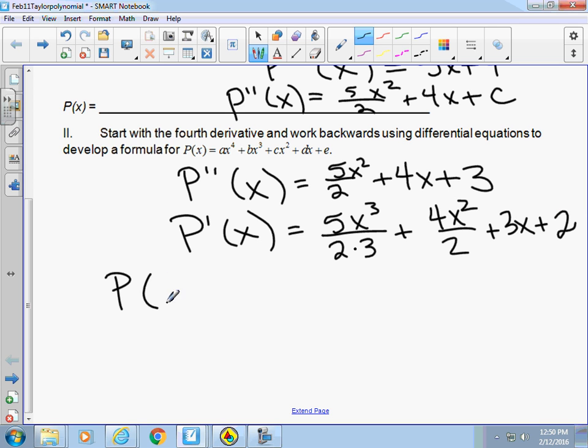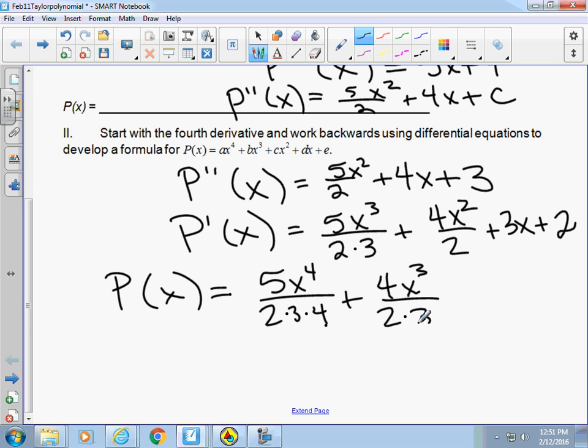And that means P would be 5x to the 4th over 2 times 3 times 4. Everyone agree with that? Plus 4x cubed over 2 times 3. Plus 3x squared over 2. Plus 2x.